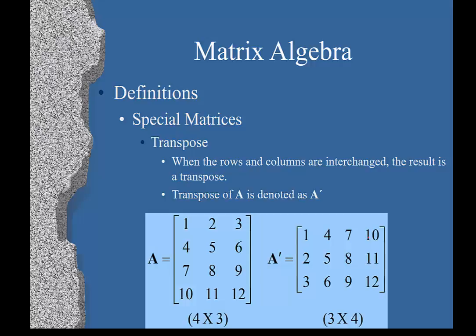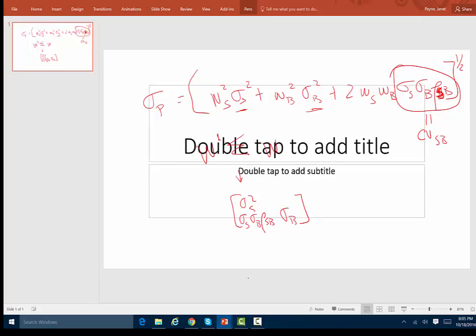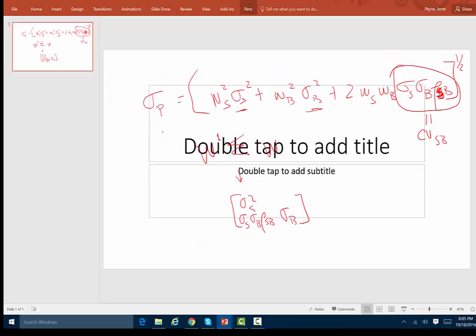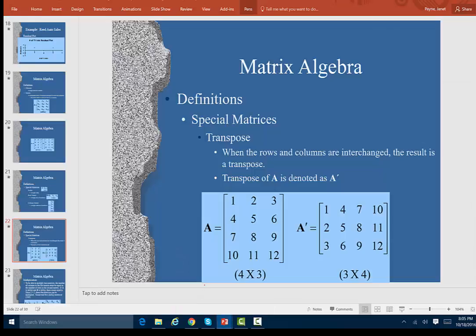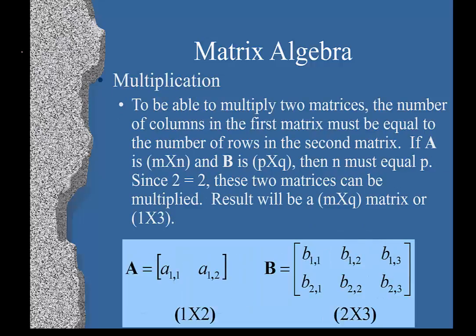So just like I showed you before on this other thing, we're going to transpose the weight matrix in order to do matrix multiplication, which we haven't gotten to yet. That's denoted as a prime. To do matrix multiplication, the number of columns in the first matrix has to be equal to the number of rows in the second matrix.